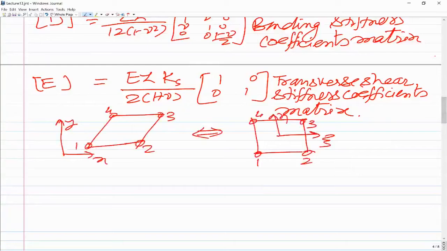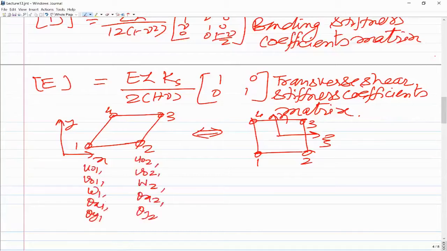Now the degrees of freedom, if you look at each node, let's say first node, you will have u naught 1, v naught 1, and then w1, theta x1 and theta y1. Similarly, at node 2 you will have u naught 2, v naught 2, w2, theta x2 and theta y2.